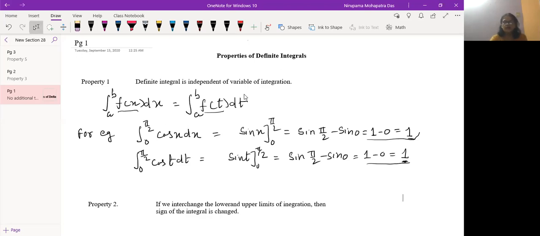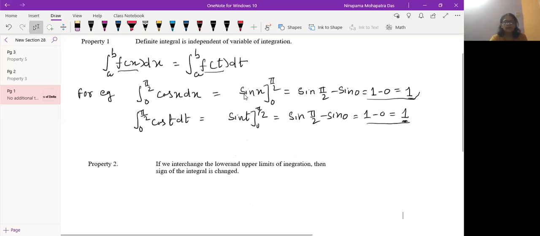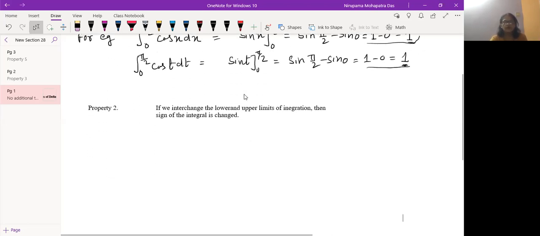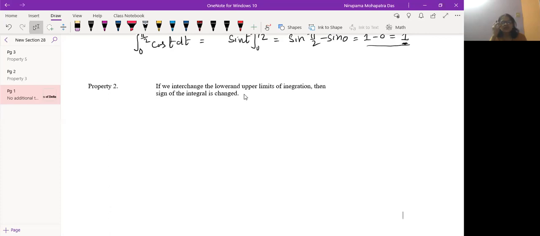Now coming to the second property: if we interchange the lower and upper limits of integration, then the sign of the integral is changed. What does it mean?